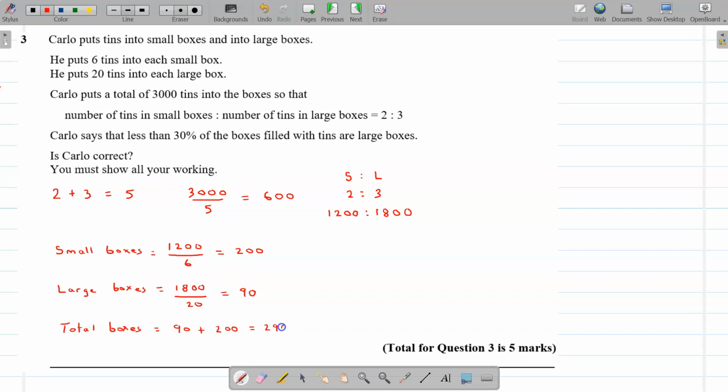And now we want the percentage of large boxes.